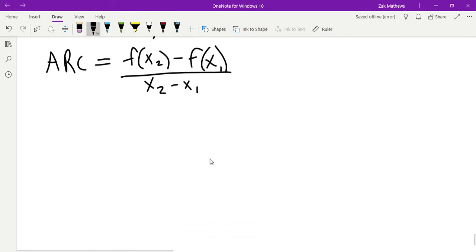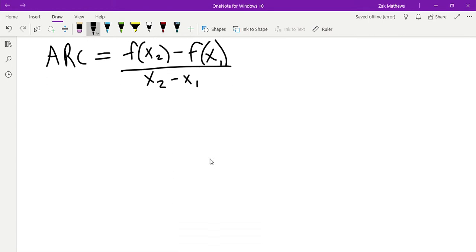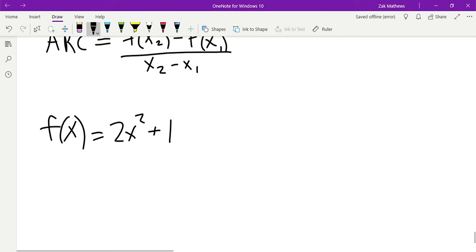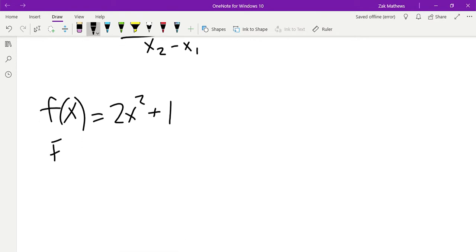And so if we were to take an example of this, I just drew out a quadratic function, so let's take f of x to be 2x squared plus 1. And let's find the average rate of change between 1 and 3.